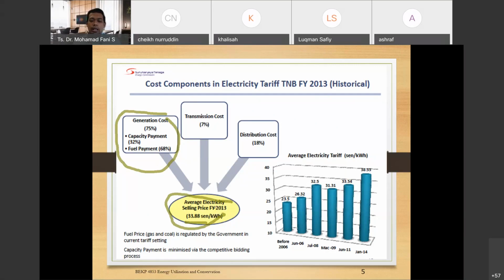Okay, and then this 33.88 cent per kilowatt hour, okay, is to support the generation cost for about 75%, transmission cost for 7%, and distribution cost for 18%. Okay, after that, government decide to increase the tariff to 38.53 under the incentive-based regulation, so-called IBR.